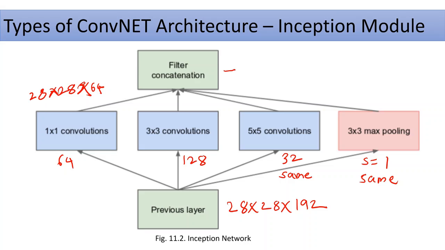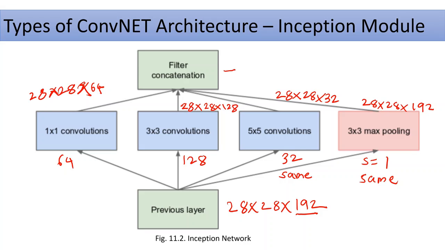For 3 by 3 convolutions we can use the same logic, same padding, so 28 by 28 by 128. For 5 by 5 convolutions, same logic, so it's 28 by 28 by the number of filters. For max pooling it is going to be same padding, so 28 by 28, but the depth is going to remain the same as the previous layer since we are doing pooling.